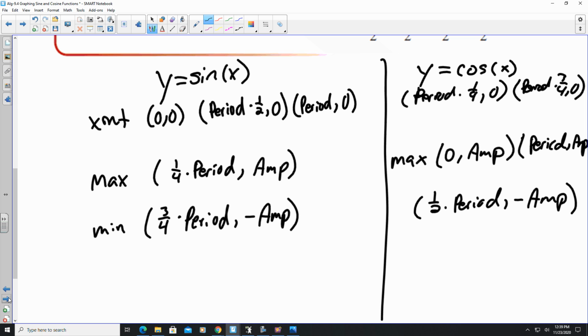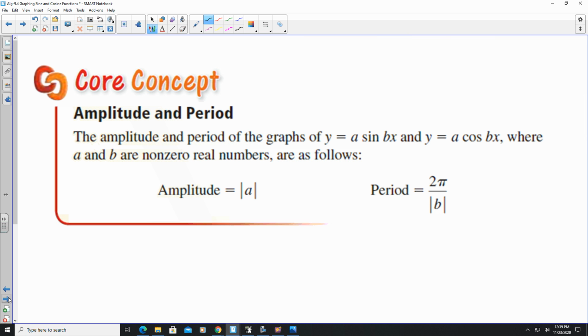All right, so to find your amplitude for a function, for both sine and cosine, it's going to be the value of a on the outside of the function. So a times the sine of bx, a times the cosine of bx. That value of a, the absolute value of a, is going to give you your amplitude.